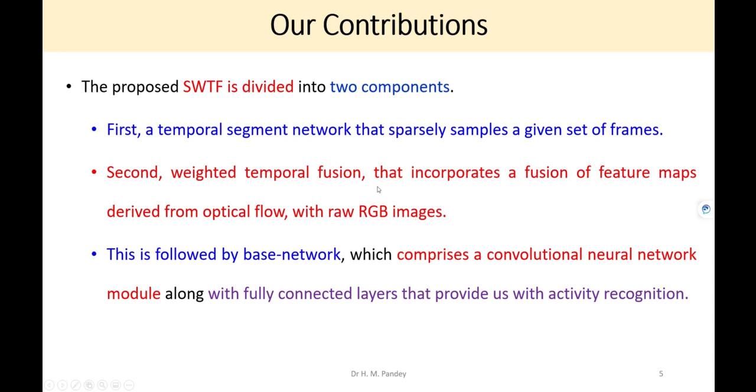And these two components are followed by a base network, which comprises a CNN, convolutional neural network module, along with a fully connected layer that provides us with activity recognition.